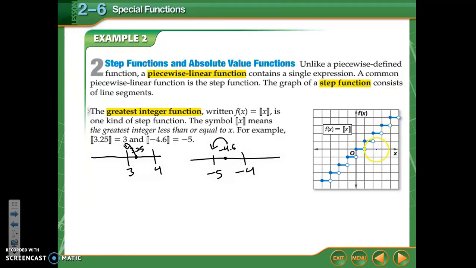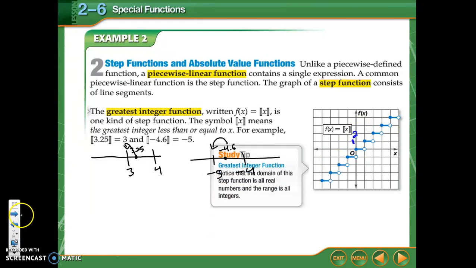If I plug in my x values of 1, 1.1, 1.2, 1.3, 1.4, the y value I get out is 1. That's why it graphs at 1. If I plug in x values of 2, 2.1, 2.2, 2.3, 2.4, the greatest integer less than or equal to those is 2. So I'm getting ordered pairs from what I plug in, which are my x's, and what I get out is always going to be an integer.